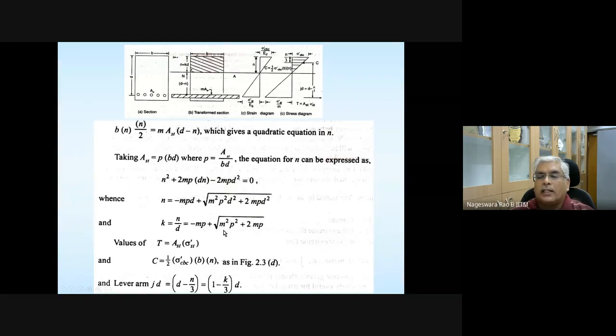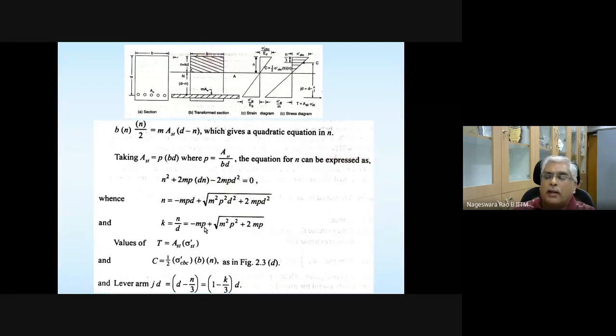So you can see here this equation. What is the significance of this equation? The neutral axis depth factor is dependent on the modular ratio as well as the percentage of steel that you provided.